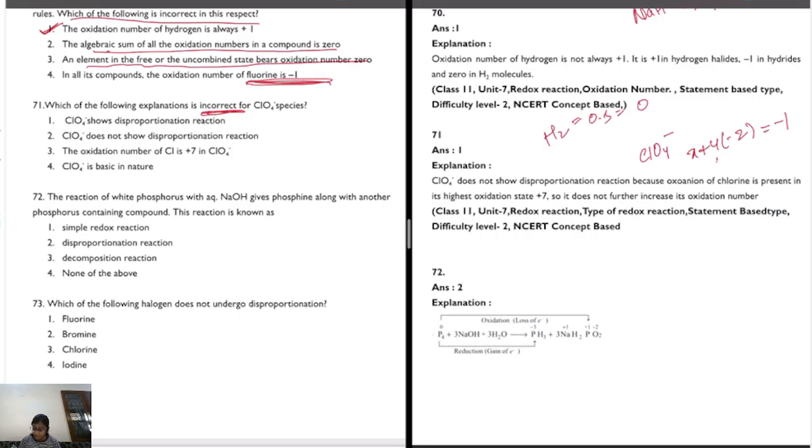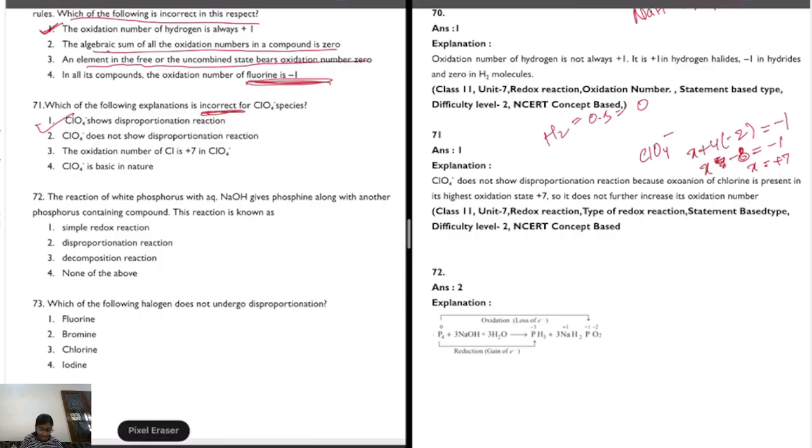That is x - 8 equals -1. x would be +7. It is in the maximum oxidation state. Therefore, it cannot be oxidized further. It can only be reduced. Therefore, it cannot show a disproportionation reaction.